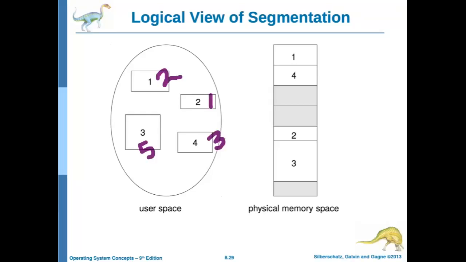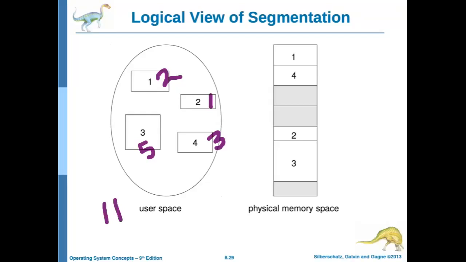If I add all these sizes, the program needs 5 plus 3, 8, 8 plus 2, 10, plus 1, 11. A total of 11 KB is required, and in memory I need a contiguous 11 KB block. That was the earlier requirement. And because of fragmentation, we already saw that it is difficult to manage that much space.